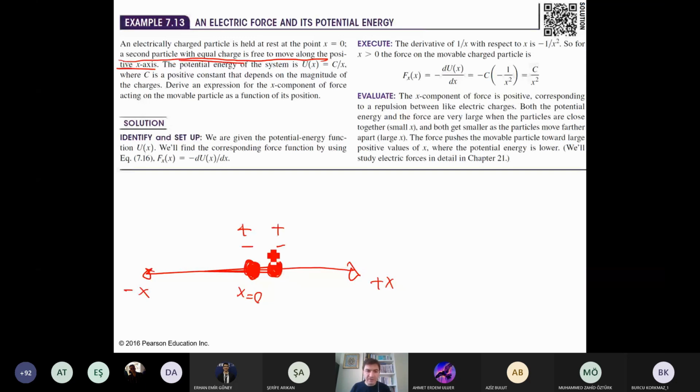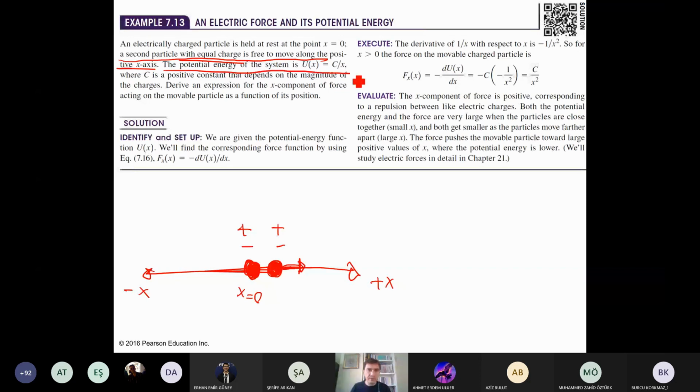This charge is fixed, but the second charge on the right side is free to move along the positive x direction. So this charge can move in this direction, to the positive x. The potential energy of the system is given with this expression.